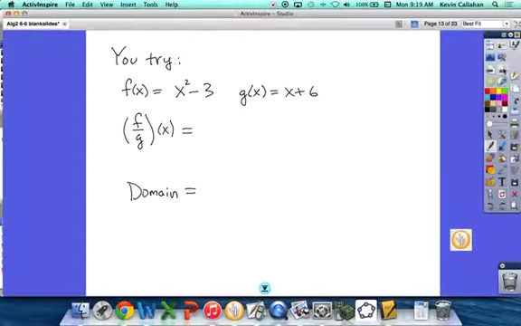Negative 6, right? So we have f of x over g of x equals x squared minus 3 over x plus 6. The domain is x does not equal negative 6 because that's the zero of the denominator.